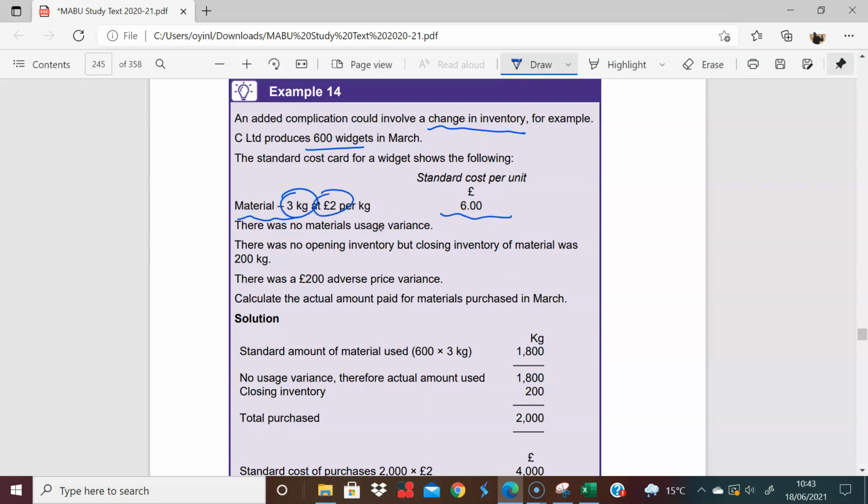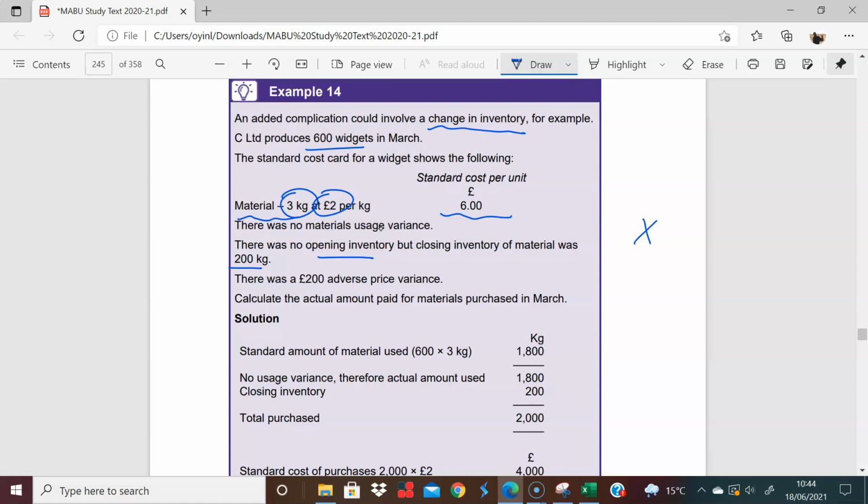So the standard cost is £6 per unit. It says there's no usage variance, so they want you to focus on price. There was no opening inventory, but you bought enough to have closing inventory of 200 kilograms.